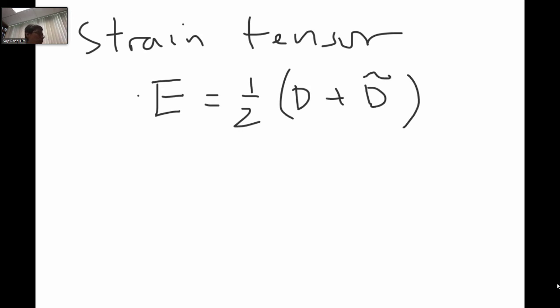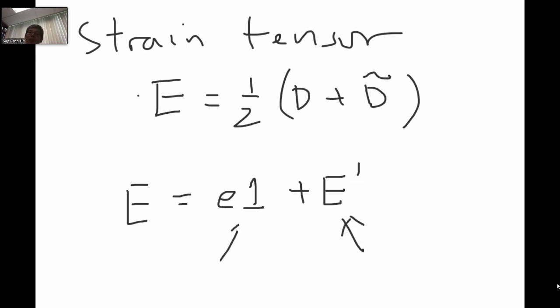There's a part after this that talks about how you can decompose a given strain tensor into a part that is basically the unit tensor plus another part that they call the strain deviator. That's because it deviates from this.